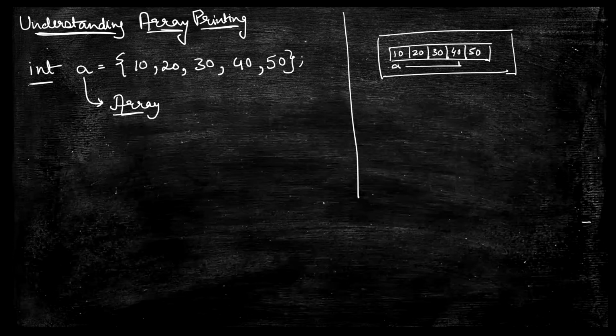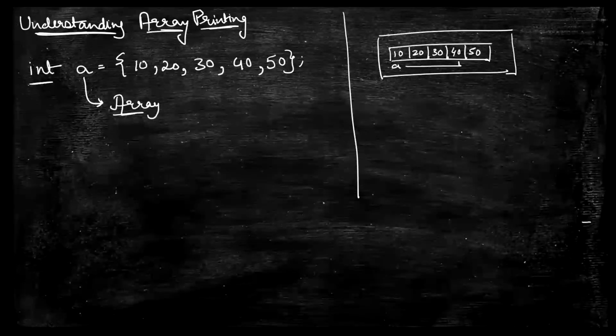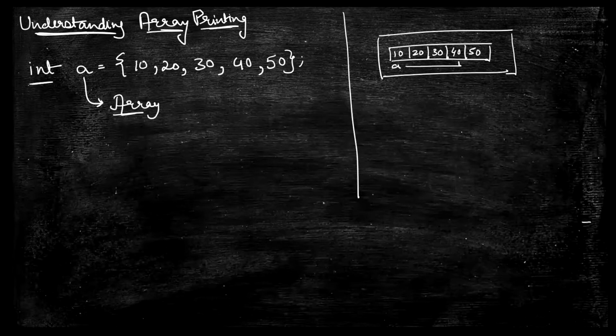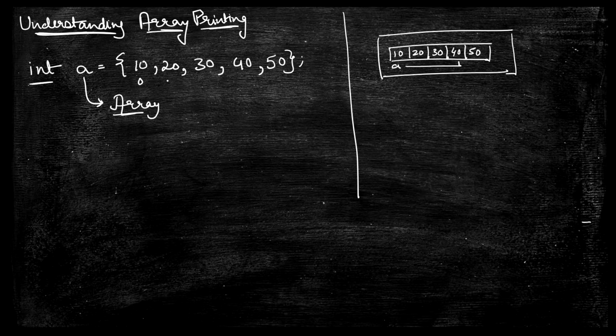Now if you want to print the members one by one, what will you do? Suppose I want to print 10 first. What is the index of 10? It is 0. Index of 20 is 1, 2, 3, like this.